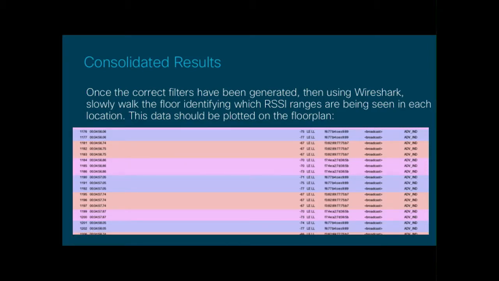And then again, when I change location, I'd add a separate packet comment. Exactly, so in that packet comment, I know from here onwards, this is location 1. From the next point onwards, it's location 2, and then I start looking through the Wireshark capture at the packet comments to see, okay, this was associated with location 1 or location 2, and so forth.